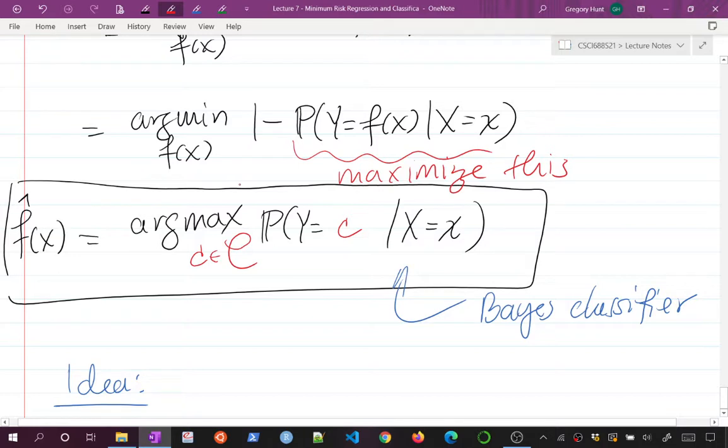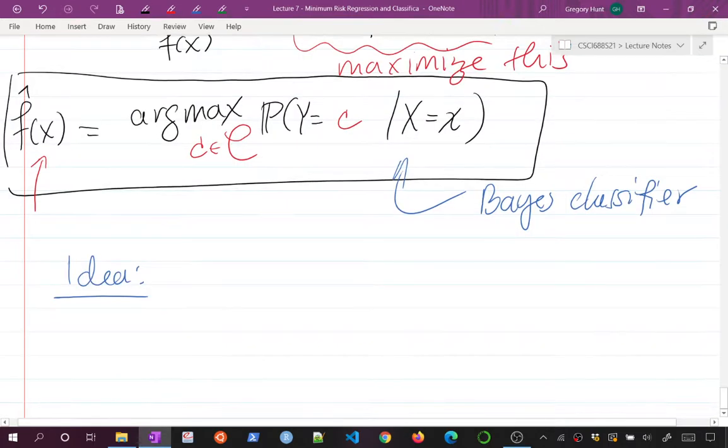And what it's saying is that what I'm going to predict, that is f hat of x, my best thing to predict, this so-called Bayes classifier f hat, is that given I've observed a little x, I'm going to predict the class, that is f of x, to be the class that maximizes my probability.